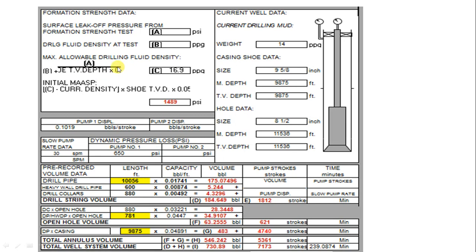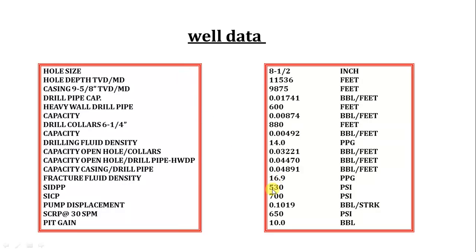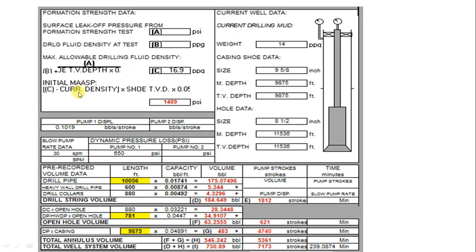But here he gives you directly the maximum allowable drilling fluid density, or the fracture drilling fluid density, which is 16.9. That's it, 16.9. So that's great.